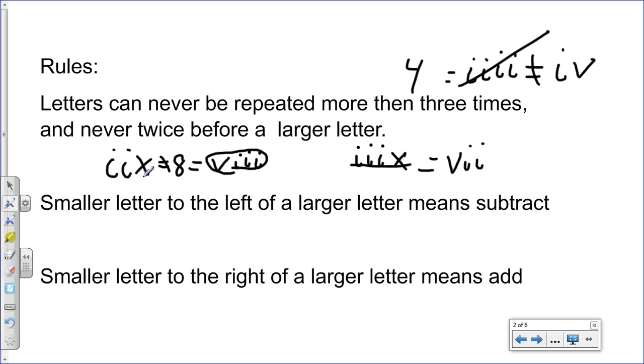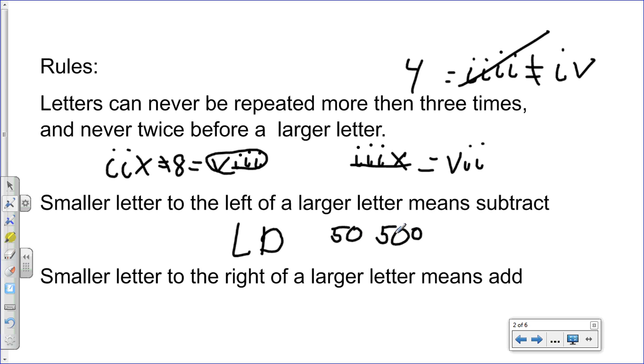Smaller to the left of a larger means subtract. So let's take LD. If I have L and then D, L is 50, D is 500.